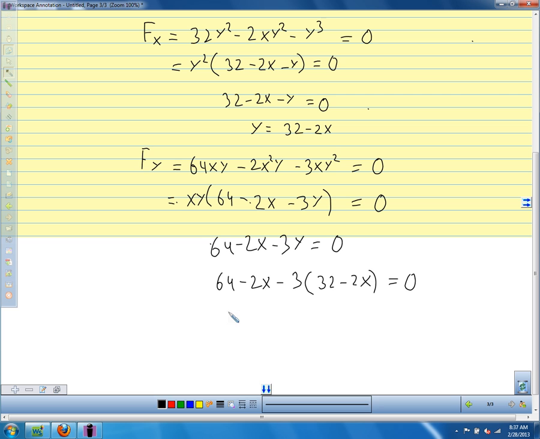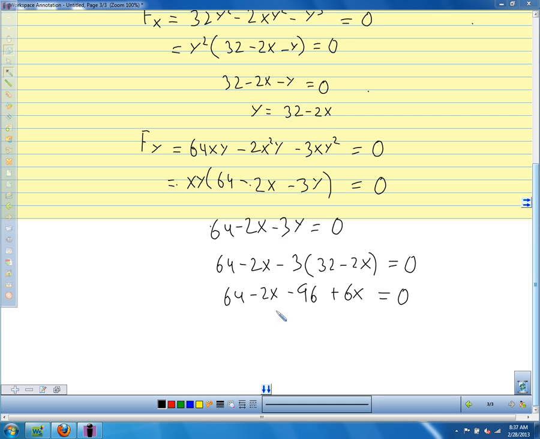When I simplify this, 64 minus 2x minus 96 plus 6x equals 0. This simplifies to 4x minus 32 equals 0.